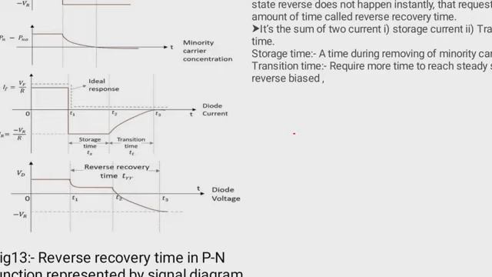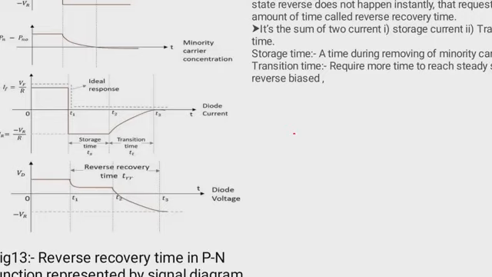Now I go to the transition time. After the open circuit condition, reverse biasing takes place from T2, and to reach the steady state reverse bias it takes some time. This time is called the transition time, with duration from T2 to T3.